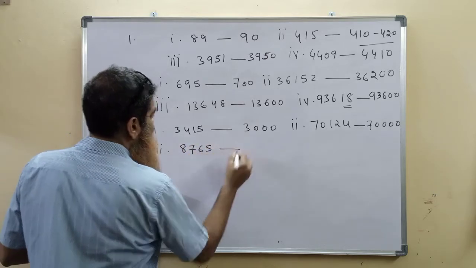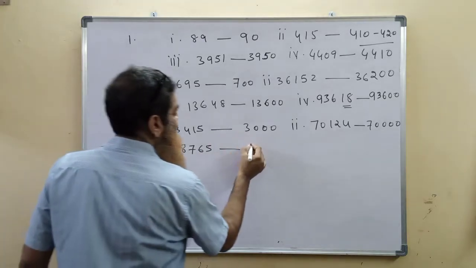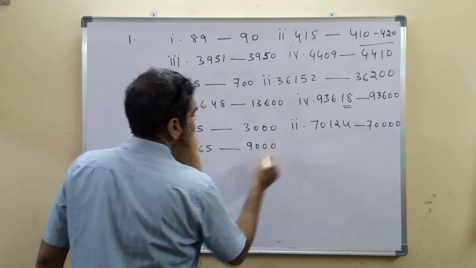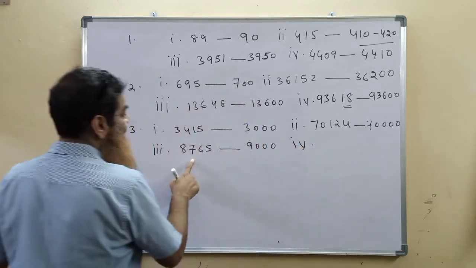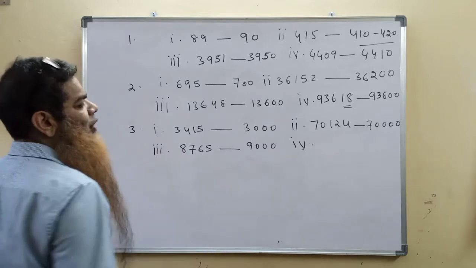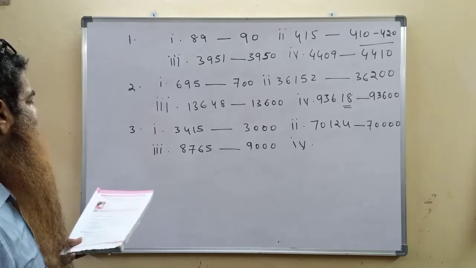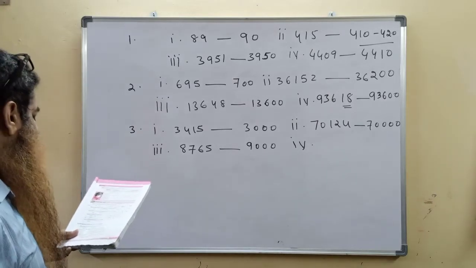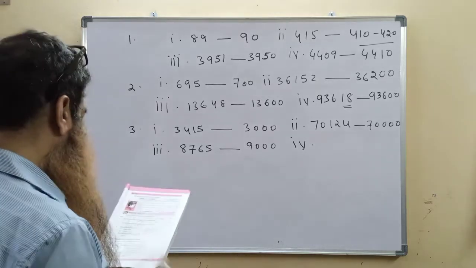Then the third bit in this third question, 8,765. 8,765 is near to 9,000 and farther away from 8,000. You can see it is 765, and we just need to add another 235. If we add 235 to 8,765, it becomes 9,000, rather than subtracting 765.